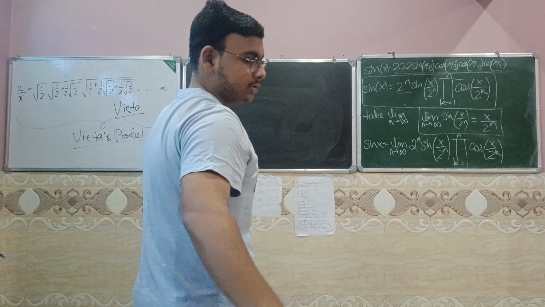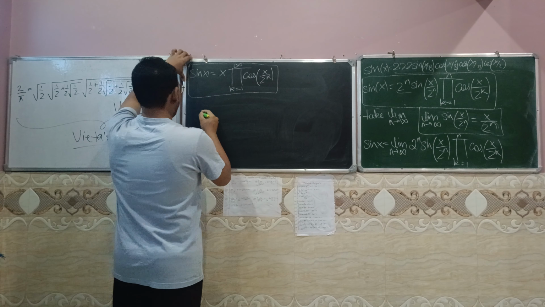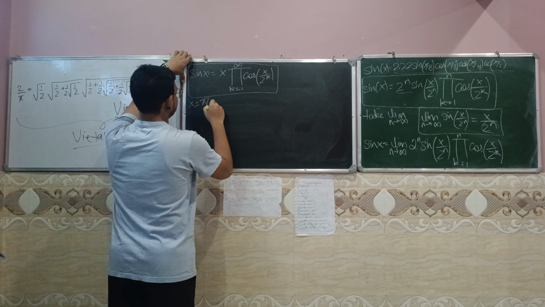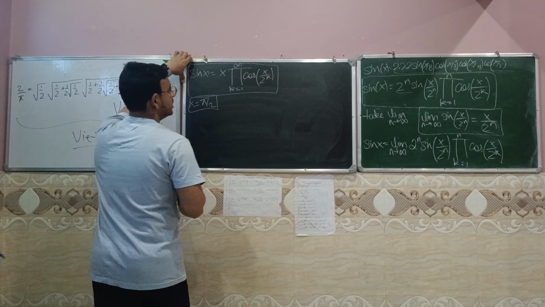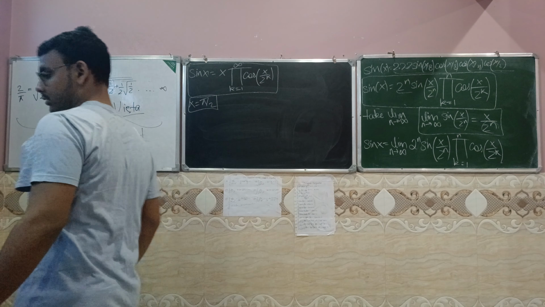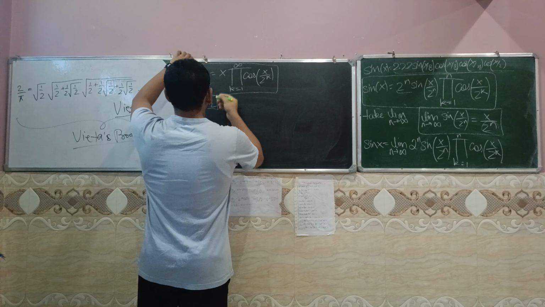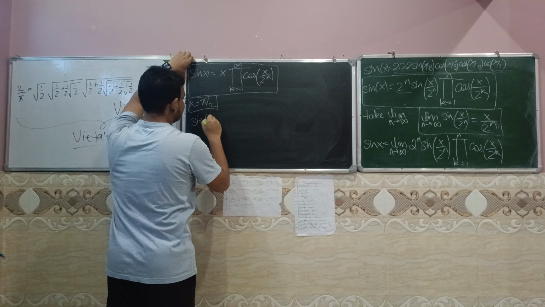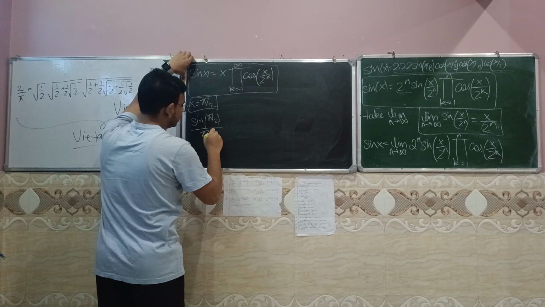So this is your final result, if you take this to infinity, okay? Now we are just going to play with this, and let's plug x equals pi over 2. So when you plug x equals pi over 2, this becomes sine of pi over 2 over pi over 2.